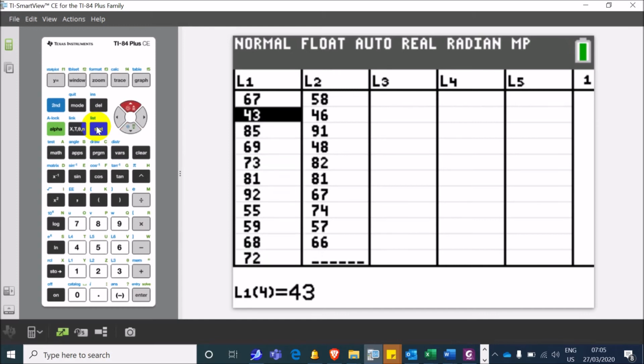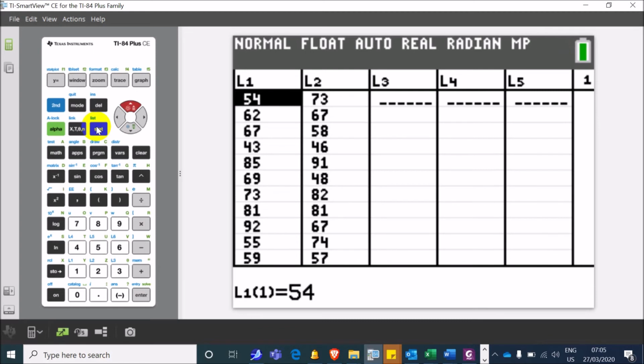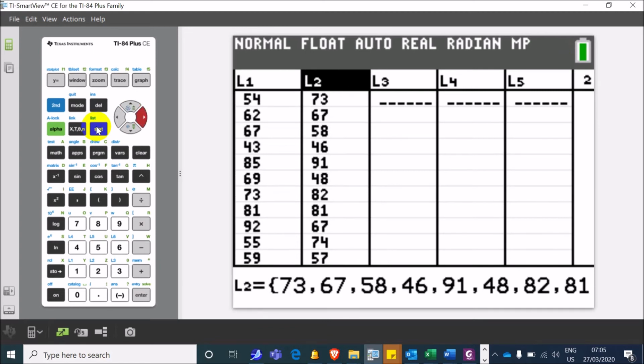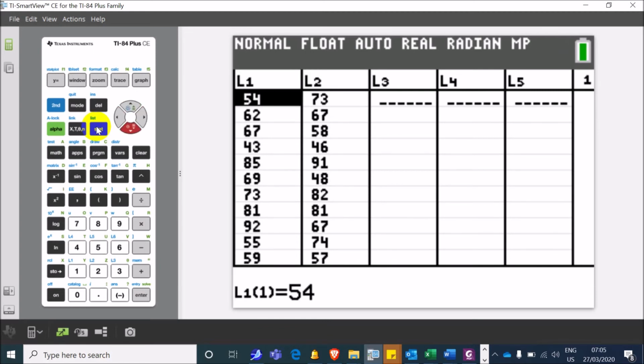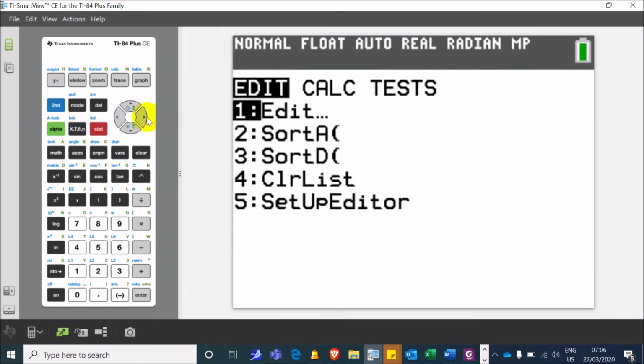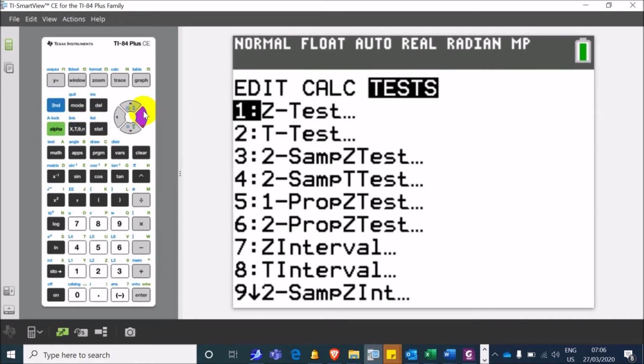After you've put those in, L1 and L2, these two can be my examples. Go to distribution. No, not true. Go to Stat, and we go to Test.